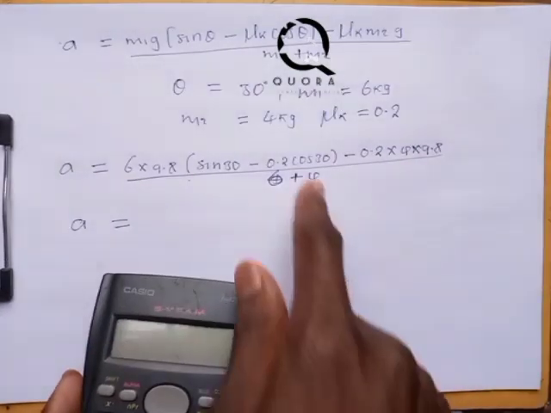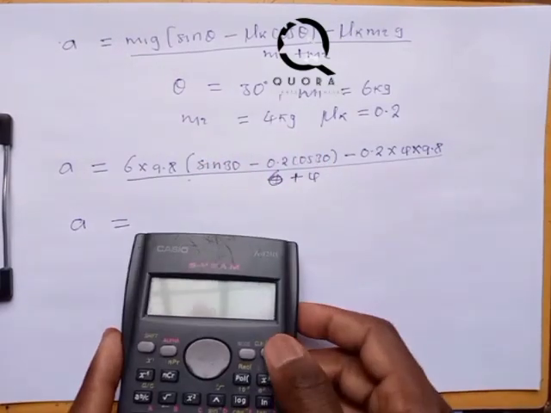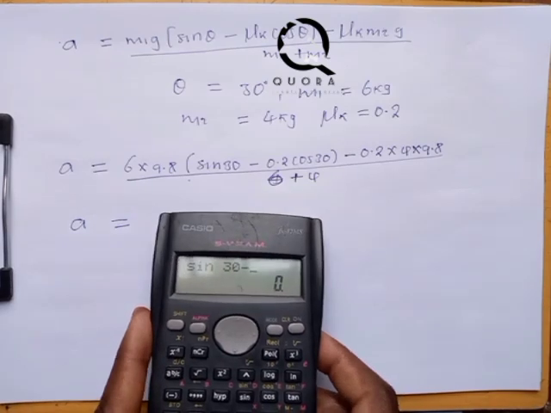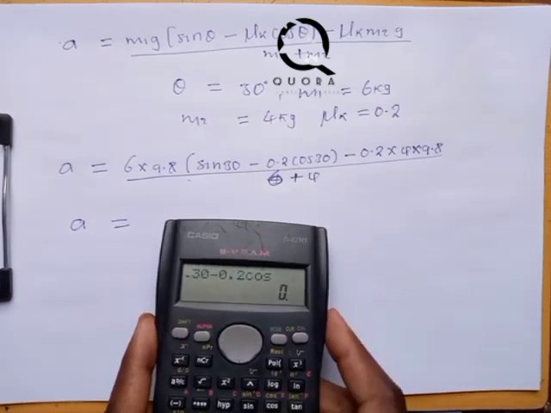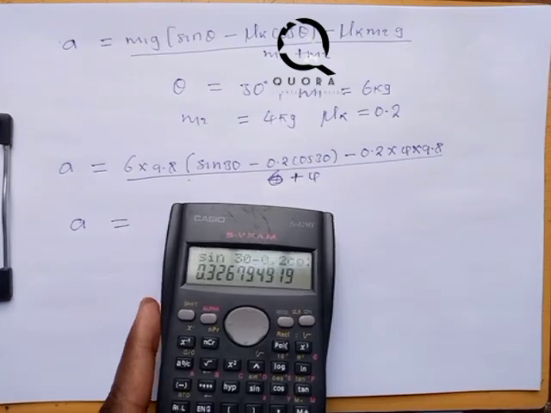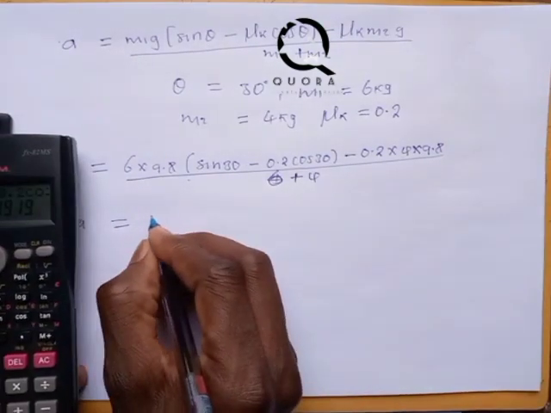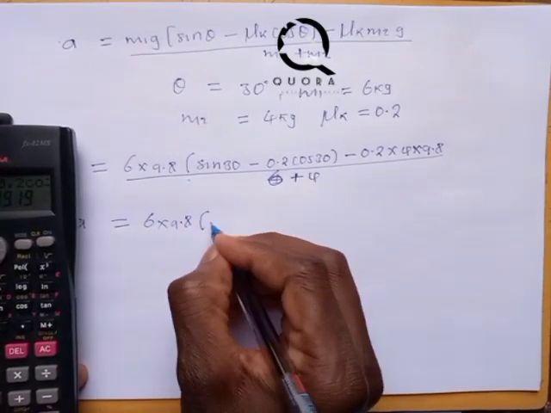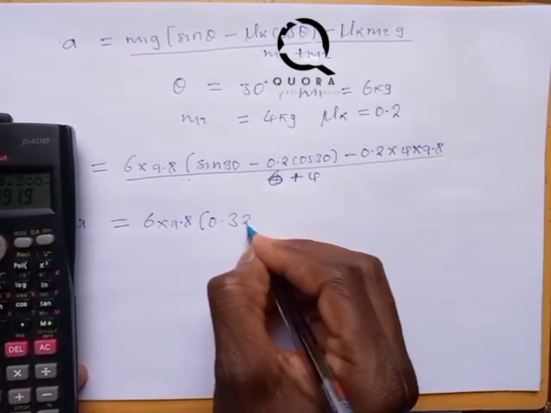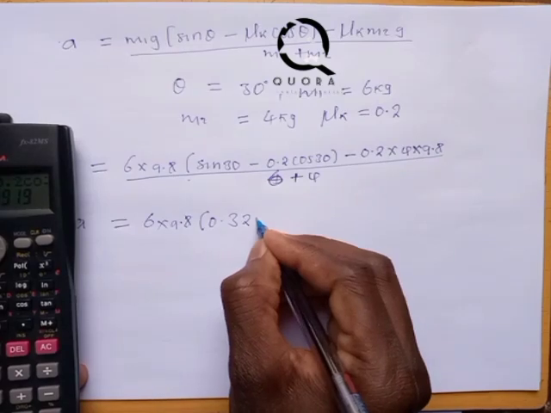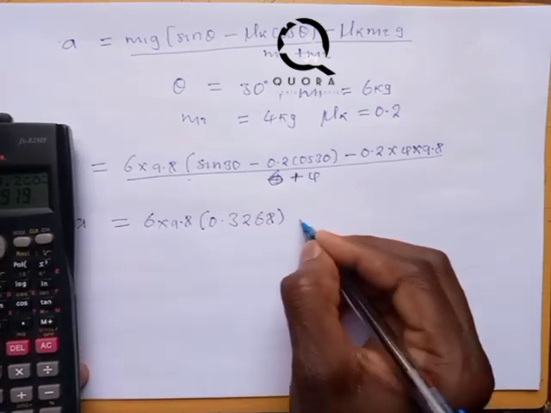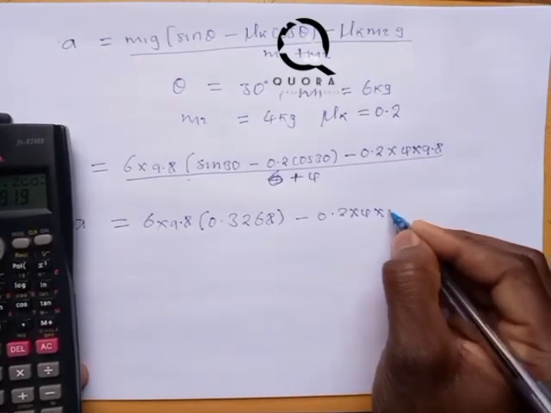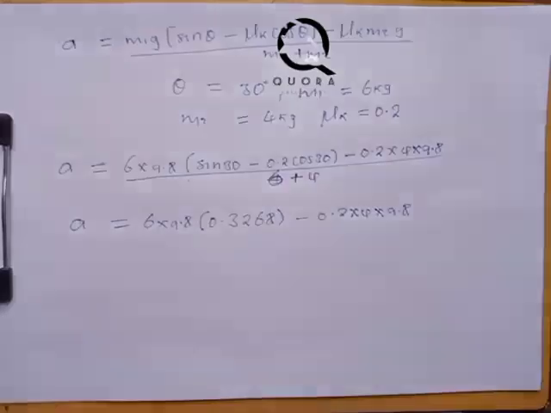I'll punch one by one. I'll start with the ones that are inside the brackets. I'll say sine 30 minus 0.2 cos 30. What answer are we getting? So I'll say 6 multiplied by 9.8, and I'll multiply everything by 0.3268, like this, minus 0.2 multiplied by 4 multiplied by 9.8.